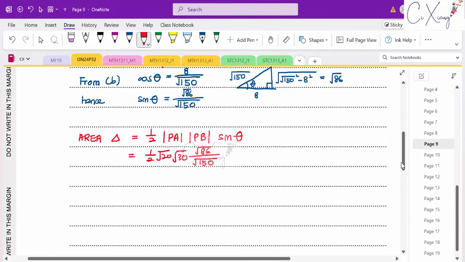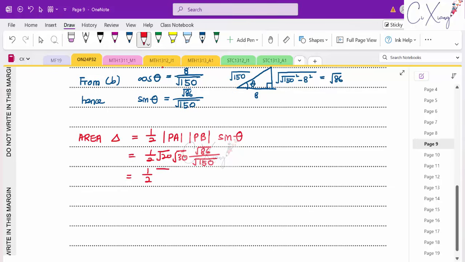Since everything here is in surd form, I can settle everything using the surd form. One big surd: 20 multiplied by 30 multiplied by 86 divided by 150. So let's have a look at what we get from here. By right, we should get square root 344 divided by 2.